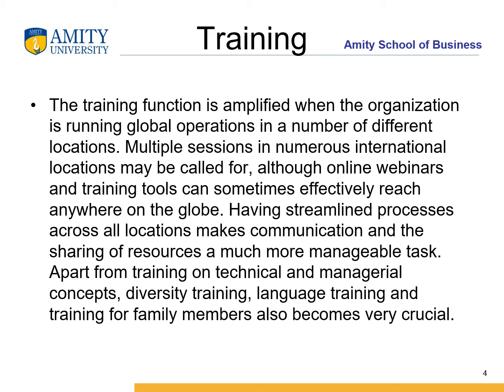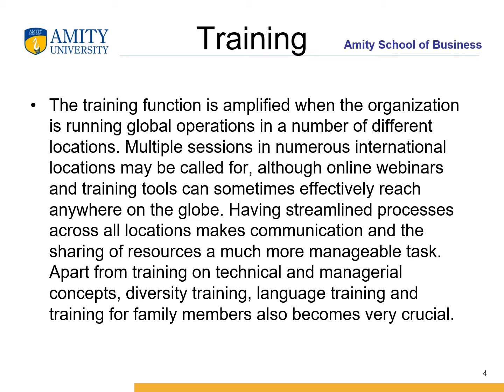The second is training. The training function is amplified when the organization is running global operations in a number of different locations. Multiple sessions in numerous international locations may be called for, although online webinars and training tools can sometimes effectively reach anywhere in the globe.